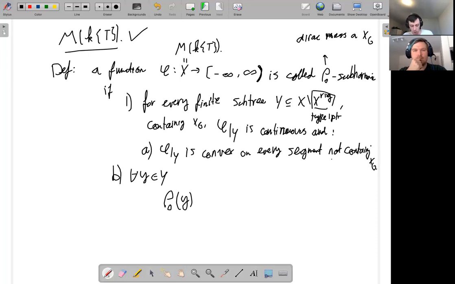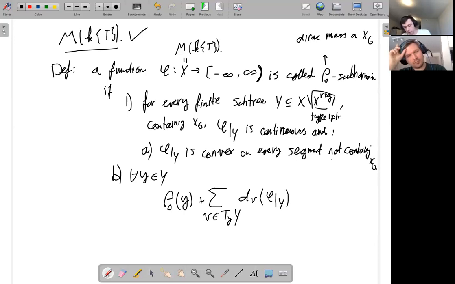So this is just 0 if this y is not the Gauss point. Plus, you take the sum over the tangent vectors at the point. I will define what this is in a moment. And then you take the directional derivative of the function in the direction of this tangent vector. So this is supposed to be greater or equal than 0.